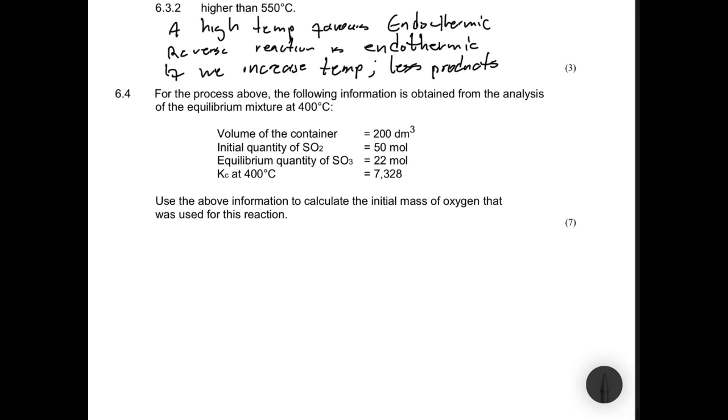So we're still going to follow the usual technique we use when we want to find Kc, right? But then the only difference here is that we're going to have a value for Kc. We're going to be solving for the oxygen, basically, right? For the number of moles of the oxygen. And then from the number of moles of the oxygen, we're going to be able to determine the mass, therefore.